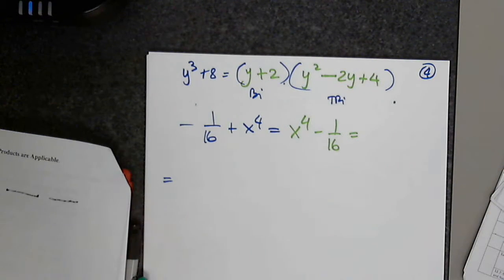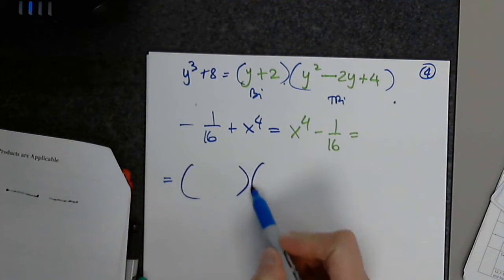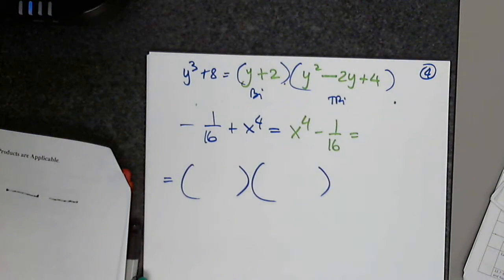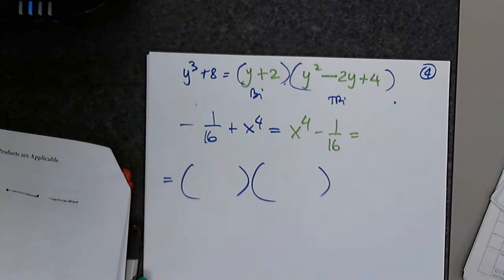Good. Once you say difference of squares, then I expect 2 binomials. If you say difference of cubes, then I expect a binomial times a trinomial. But it's not a difference of cubes. I completely agree. So what do I write then?